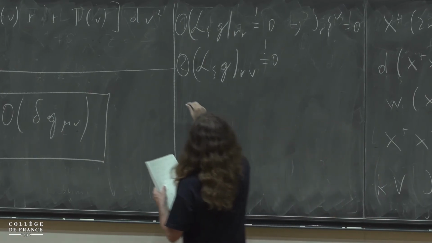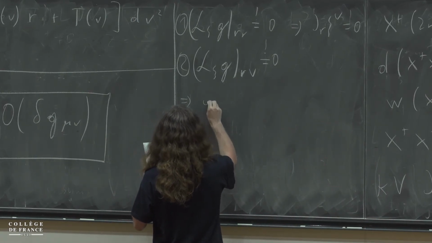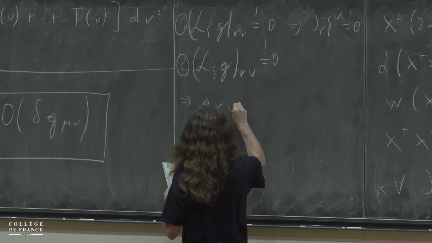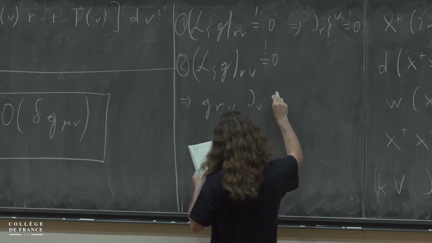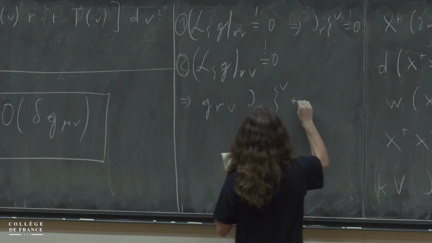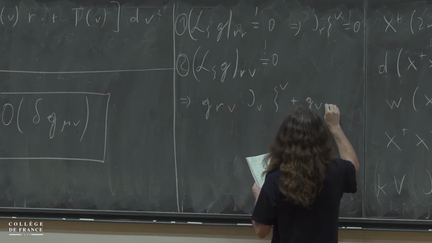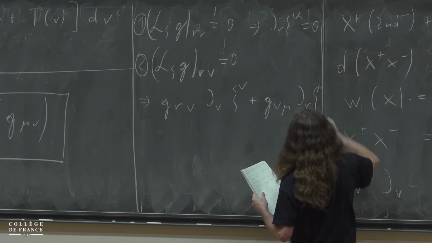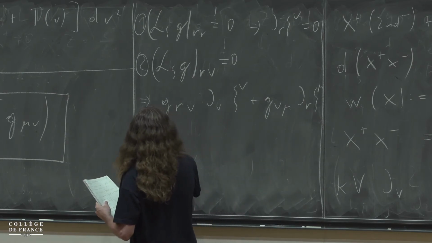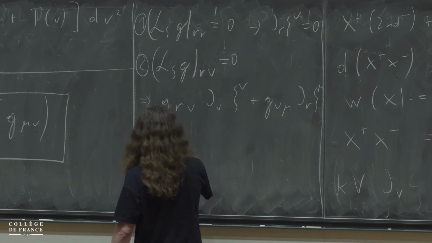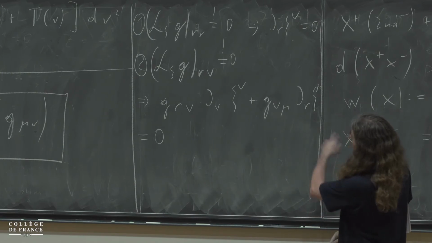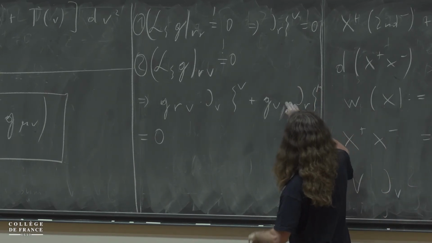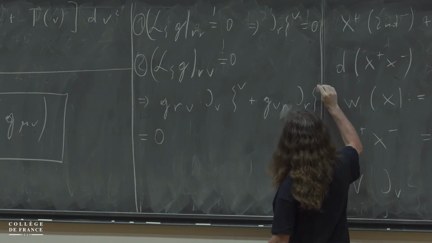And that leads to the following equation. So g r mu, but that has to be v, so g rv times dv psi v plus g v mu dr psi mu has to be 0. And if mu here is v, then we get dr psi v, which we know already is 0. So we actually can replace this by g vr.